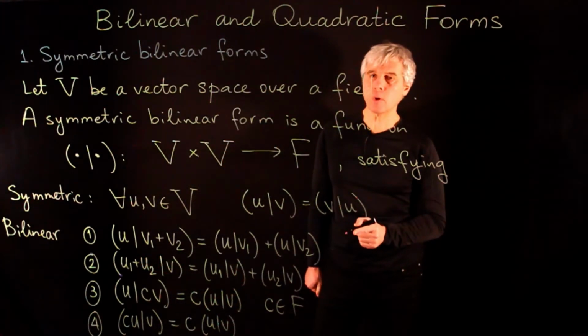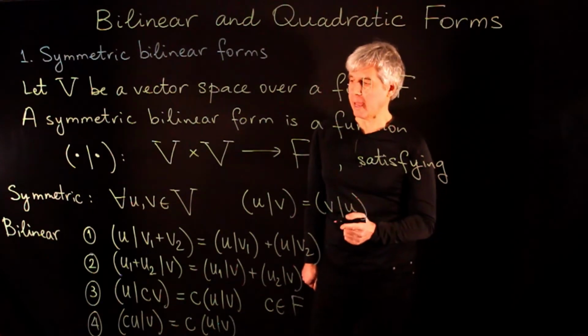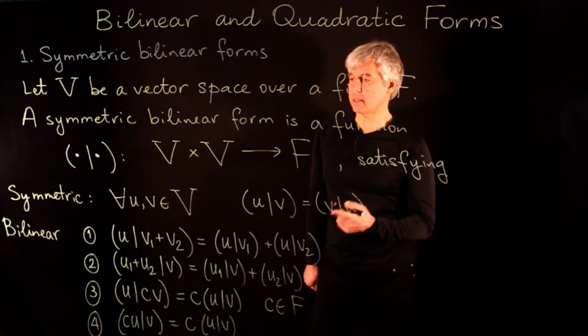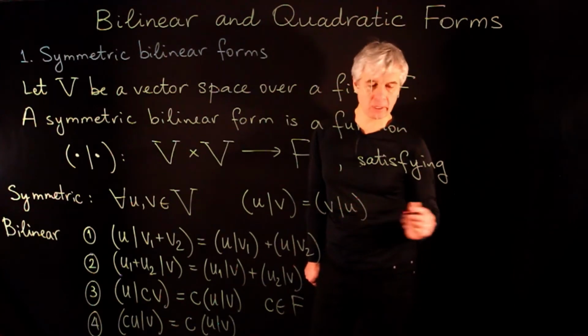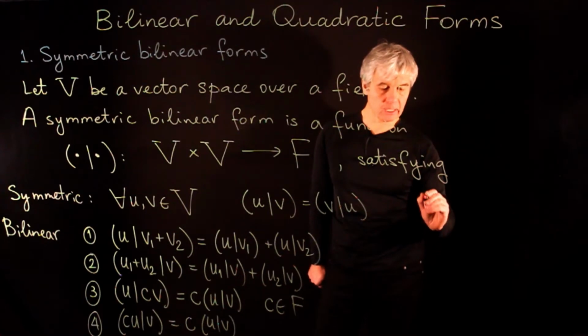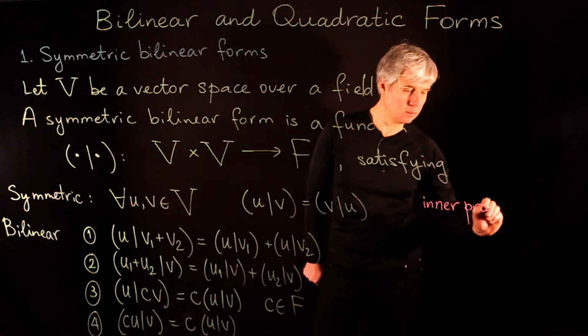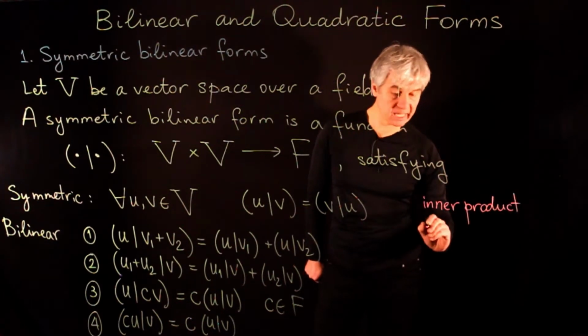Symmetric bilinear forms generalize the notion of the dot product, and they are known under various names in mathematics. So other names for the symmetric bilinear forms are inner products or scalar product.